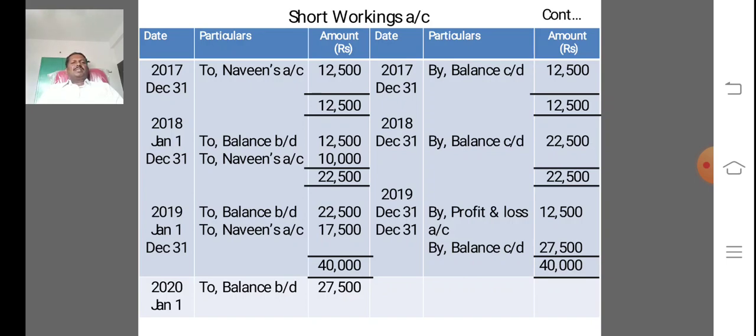And the difference, by profit and loss account, that is irrecoverable 12,500, and by balance carry down 27,500, and this 27,500 is brought down to the next year's beginning.